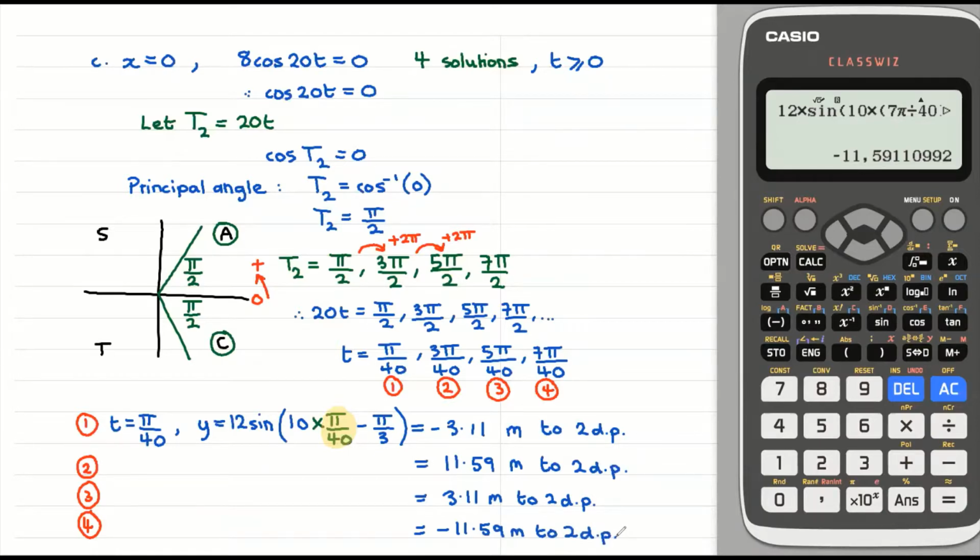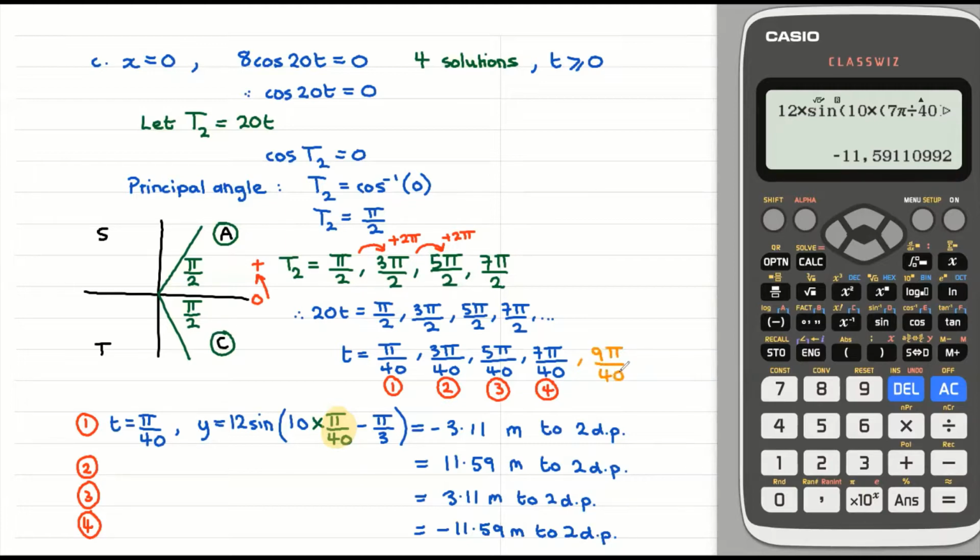Now, if you're interested, just to check whether these are indeed the only 4 solutions, remember t could have an infinite number of solutions. So just arbitrarily, I could add the next one. You can see that the pi's are increasing by 2 in the numerator each time. So the next solution, looking at this, would probably be 9 pi over 40.